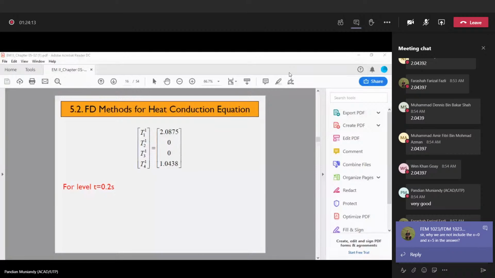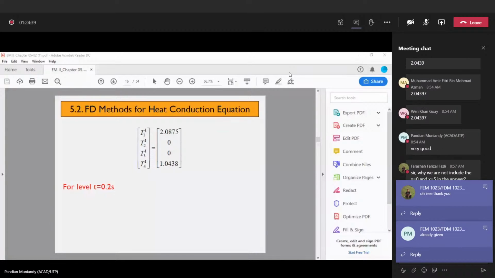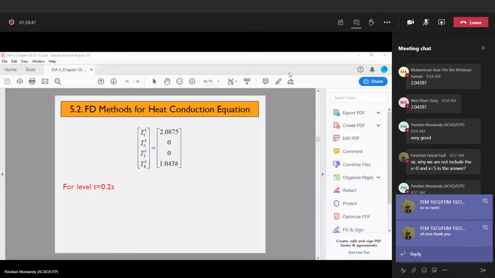So why are we not including the x0, x5 in the answer? Already given. This one is already given. X0, the temperature T is 100.